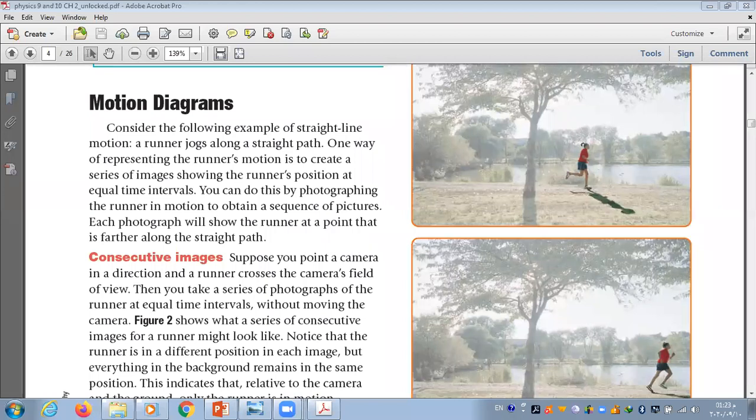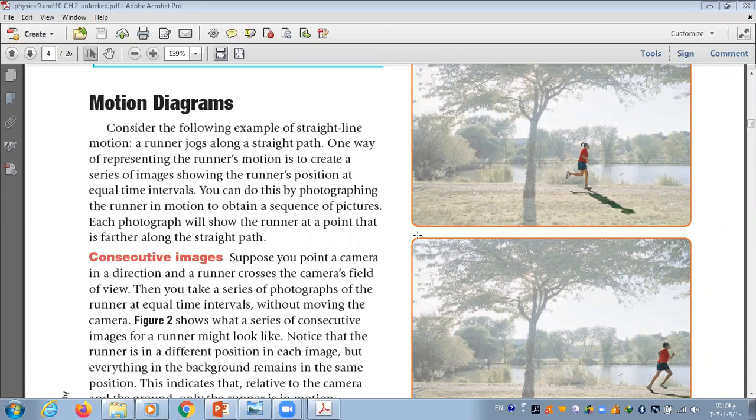Yusuf Idris. Yes, Mr. Explain. A motion diagram is a series of images showing the runner's position at equal time intervals. Yes, okay. Can you explain in your own words what it means, in simple words? I can't. You can't? Why can't you?